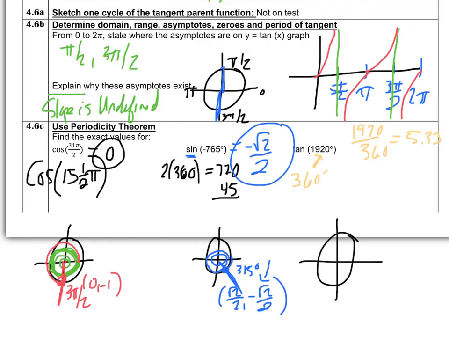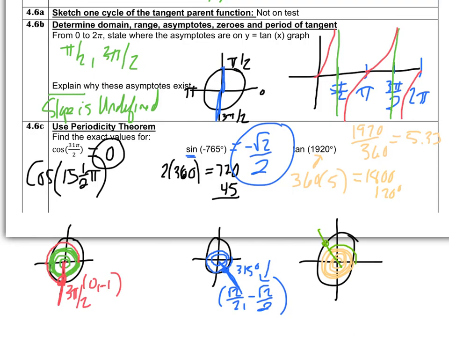So 360 times 5 is 1,800 degrees, which means I'm left with another 120 degree movement. So what I'm going to do is go to the circle, and it's a positive movement. So I go around the circle once, 2, 3, 4, 5, and then I'm going to wrap up and move 120 degrees, which is going to land me about right here.